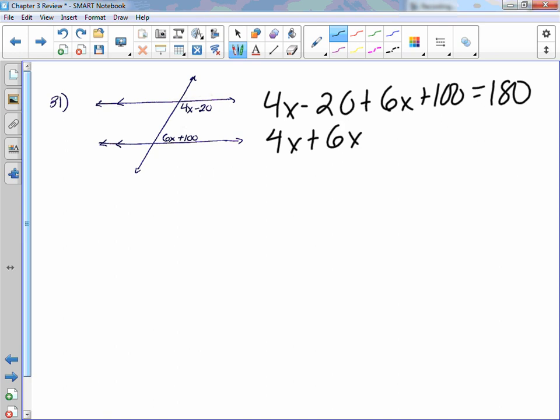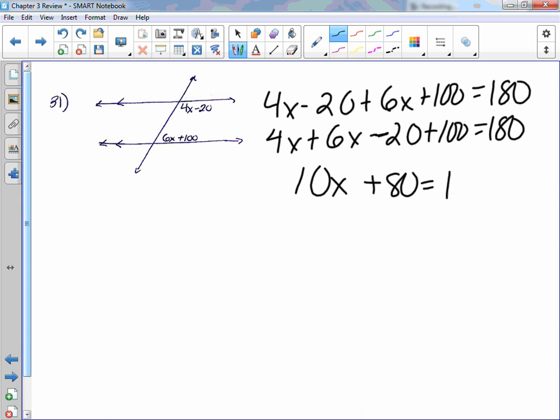You don't have to do this here, I just rearranged them so we can see what the like terms are. So 4x and 6x would add together to give me 10x. Negative 20 plus 100 is plus 80 equals 180.